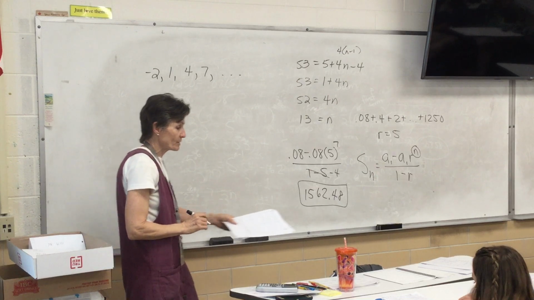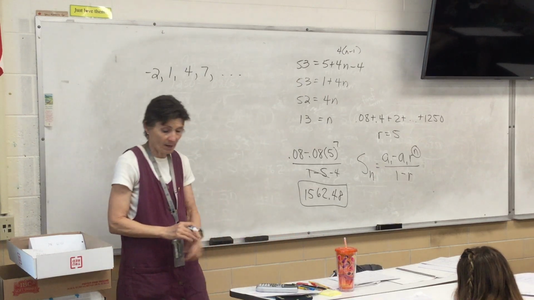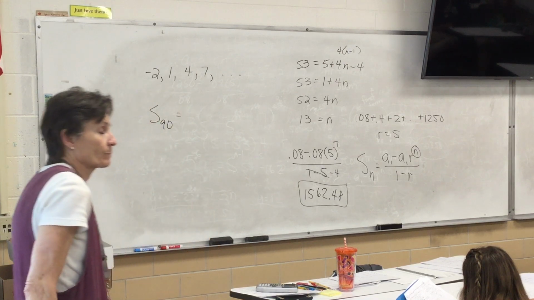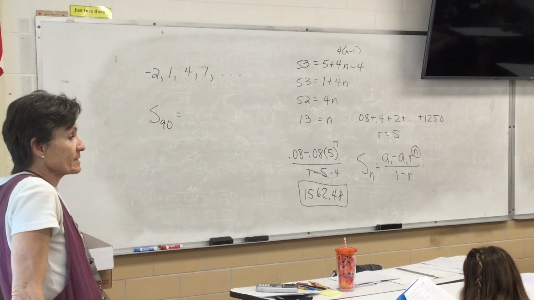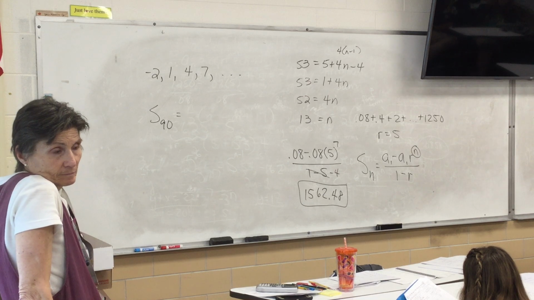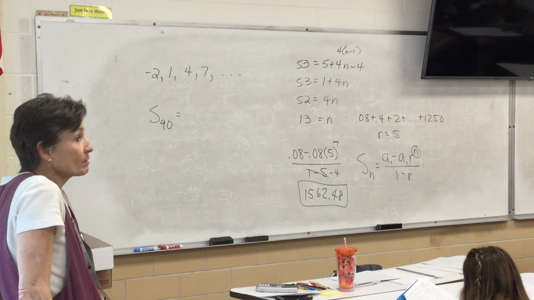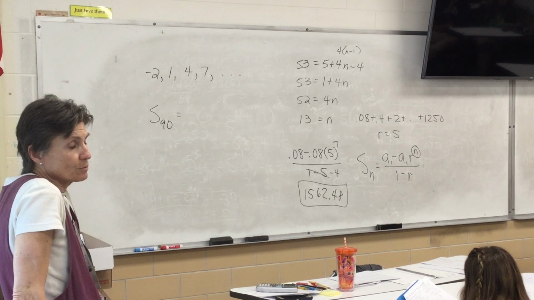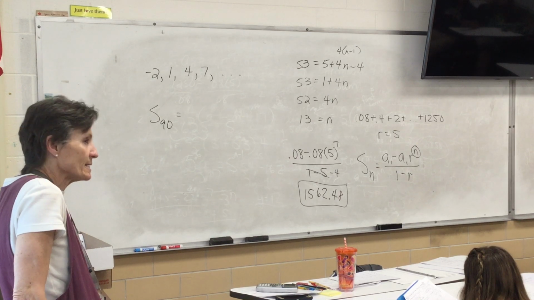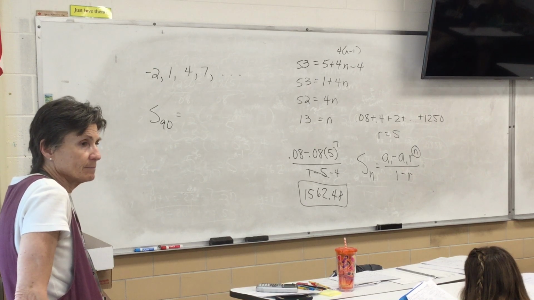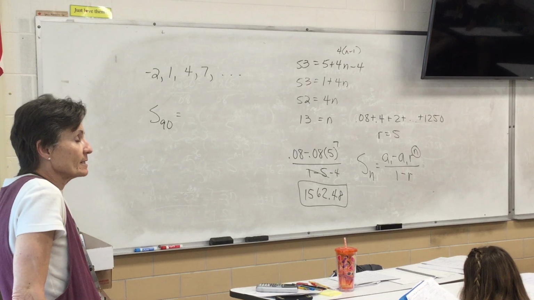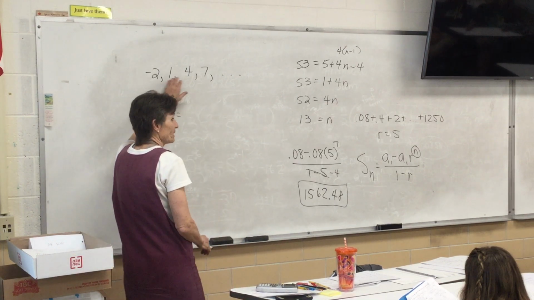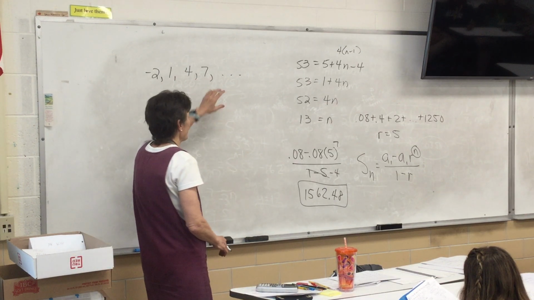So using my notation, this is going to be the sum of 90, so S sub 90. What's the first thing we have to decide? Arithmetic or geometric, right? Because we gotta know which formula to use. I do not want to add up 90 numbers. I want a formula. Okay, it's arithmetic. Would you agree? What's happening? Adding 3.